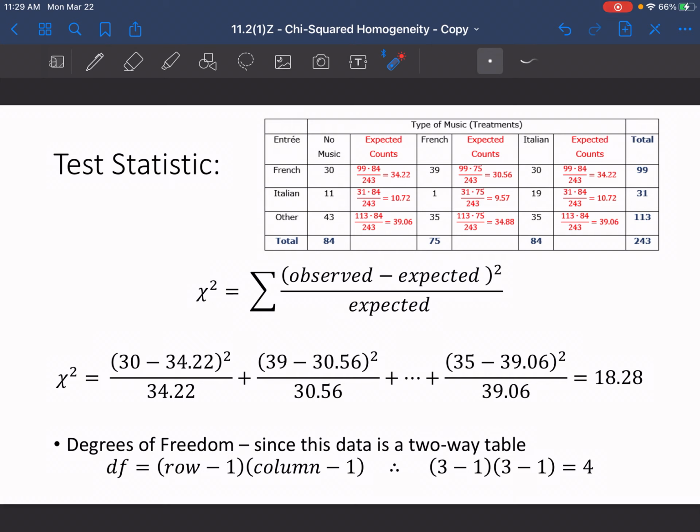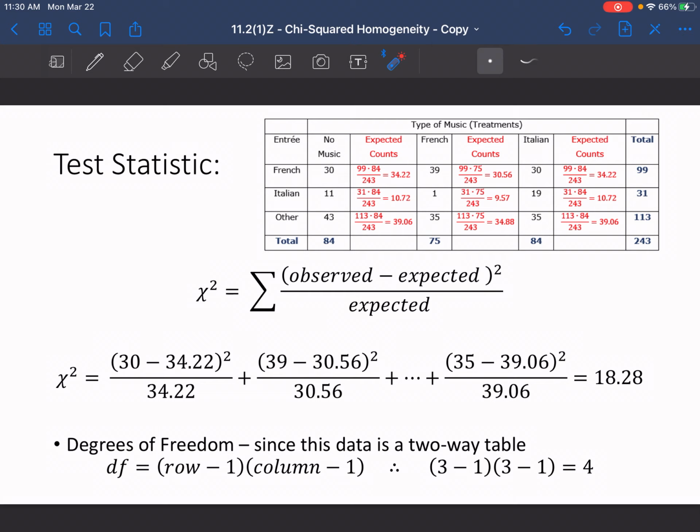So from this, in order to find a chi-squared statistic the long hand-drawn way, it's going to be the observed minus the expected squared divided by the expected. And so if we were to do this the super long way, we would take 30 minus 34.22 squared divided by 34.22.